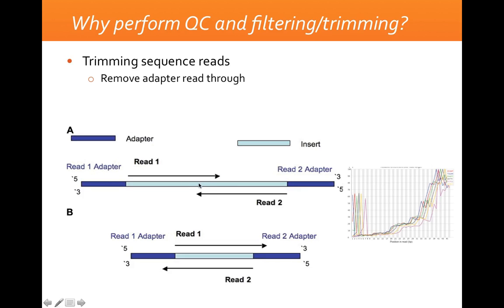There's nothing wrong with this. In some cases, you will have DNA fragments that are really short, so both reads will actually read sequence into the adapter in the 3' end, and in those cases it will create these biased positions, which we saw in an earlier slide, and you can also see it here on the right hand side.